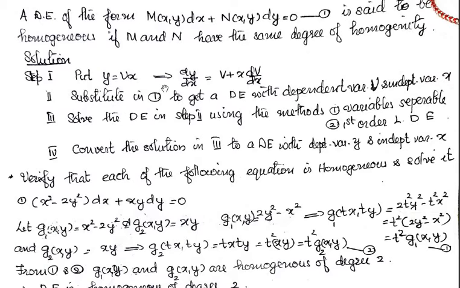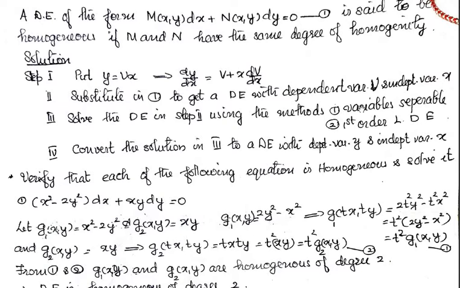Now we substitute these quantities in equation number 1, and we arrive at a differential equation with the dependent variable v and the independent variable x. That means we are replacing y by v. Now we solve this new equation usually by two methods: the variable separable method and the first order linear differential equation method.